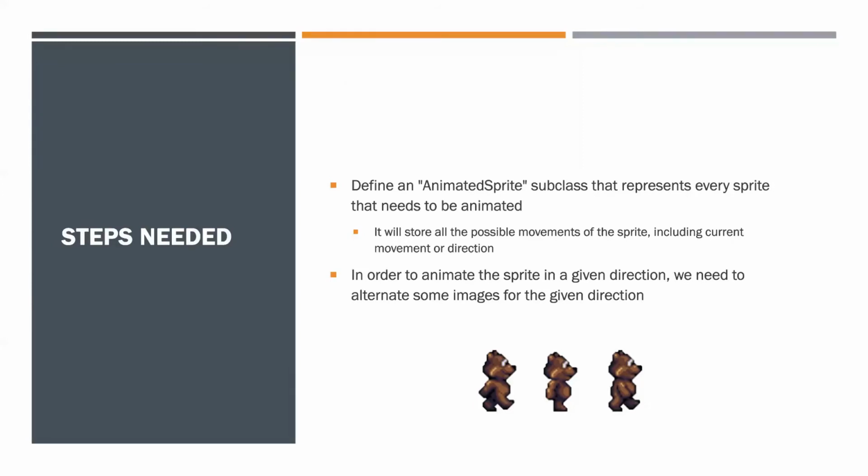For instance, we can start with the second image and then move to the third one. From the third one, we can go back to the second image, then to the first one, and from the first one, go back to the second. So we can define some kind of cycle among these images to alternate them and simulate that the bear is actually walking to the right in this case.